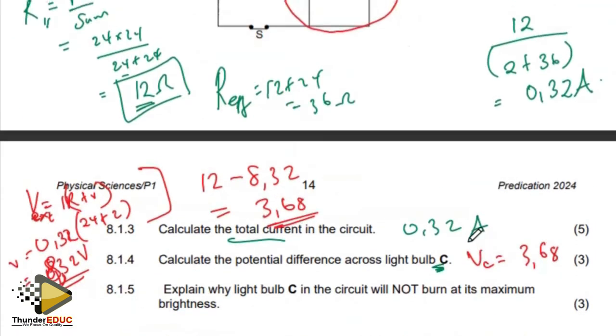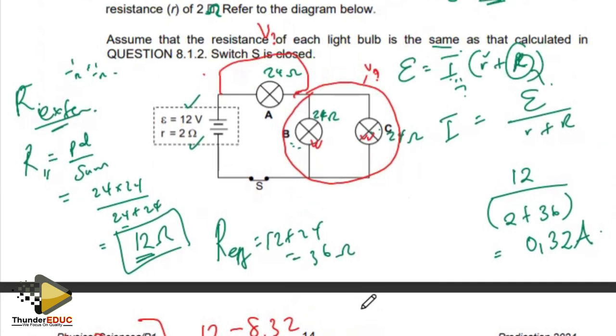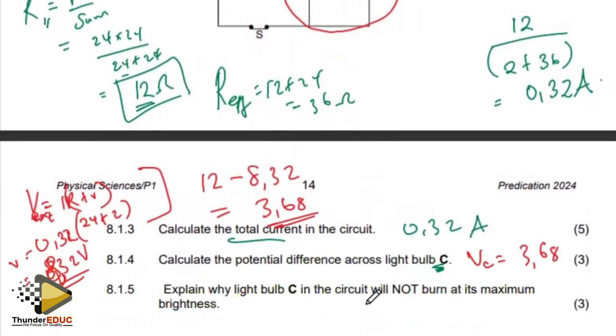Then 8.1.5, can we explain why C in the circuit will not burn at its maximum brightness? Now, the fact that we have an alternative path, or B, okay, that is one.